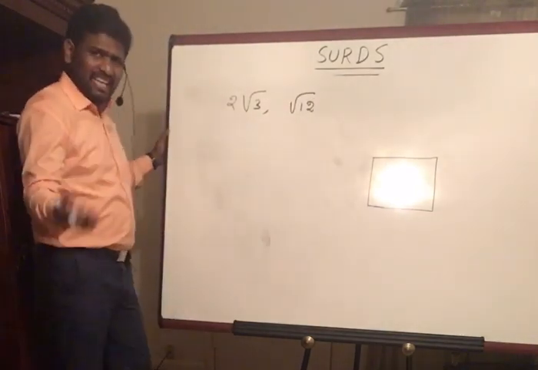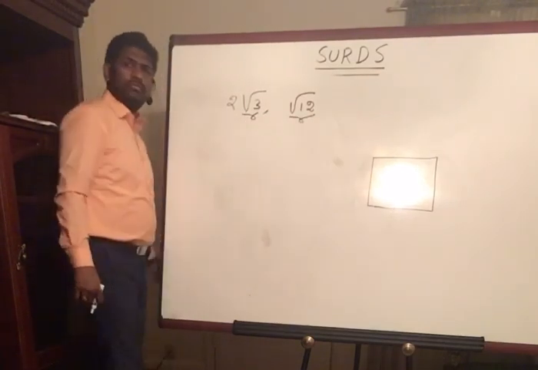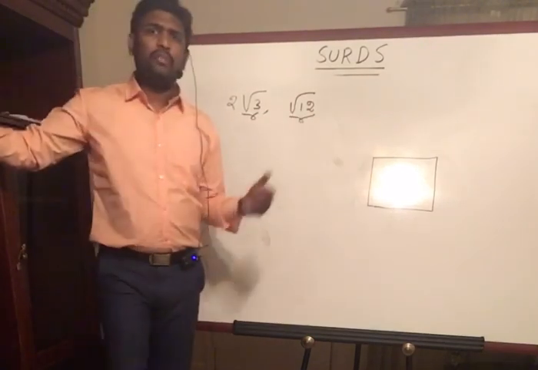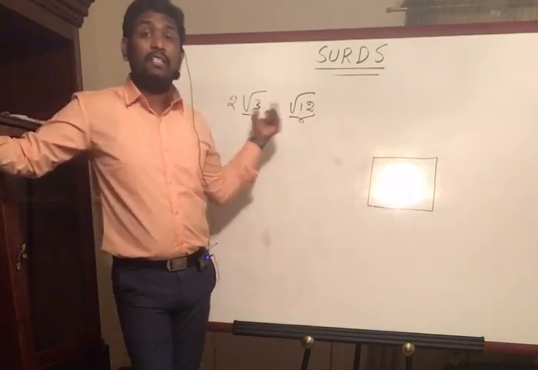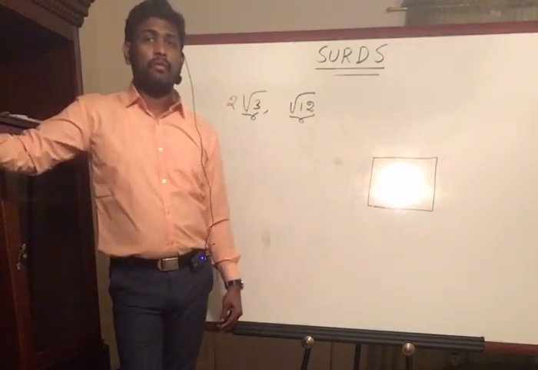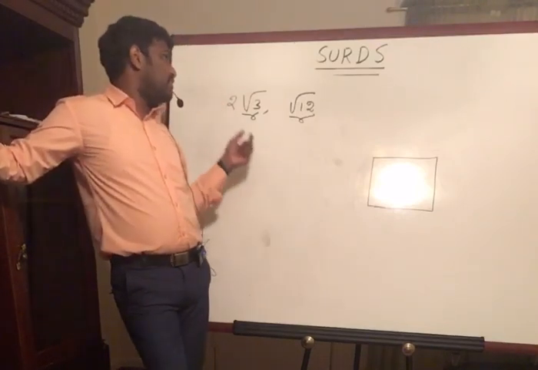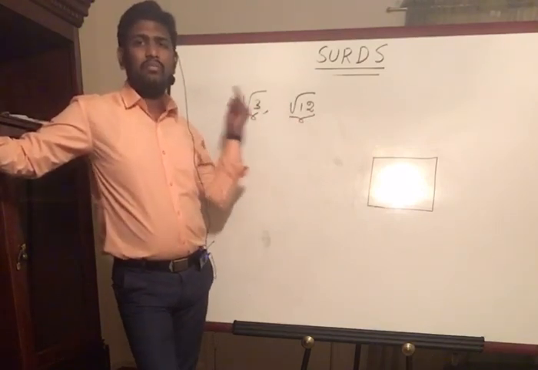If you see directly, here it's root 3 and root 12. After observing this, they say they are dissimilar Surds, because here root 3 is there, here root 12. They are not same Surds.